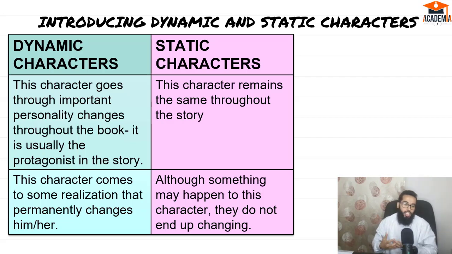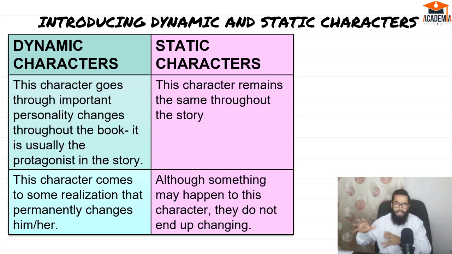They make changes throughout the story, and they change themselves as they go through it. So, for example, they're weak at the beginning of the story, but then they become so strong and start fighting evil. Now, this character comes to some realization that permanently changes him or her. So they realize something throughout the text.